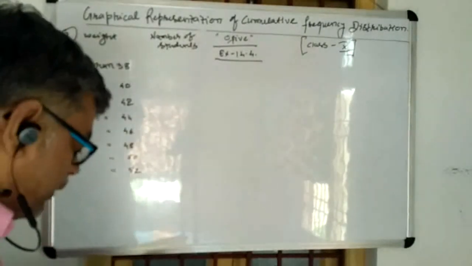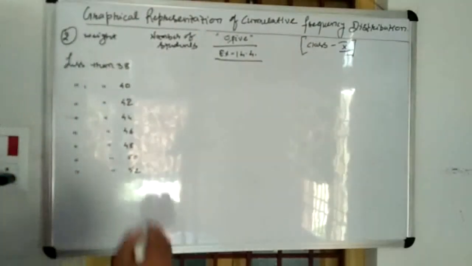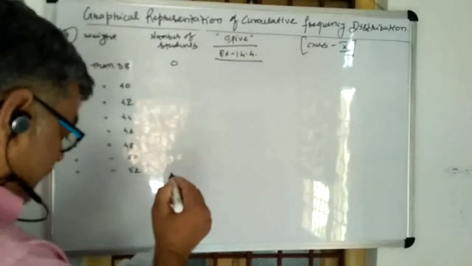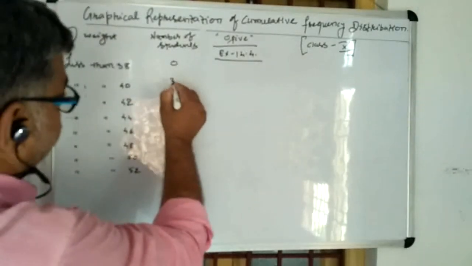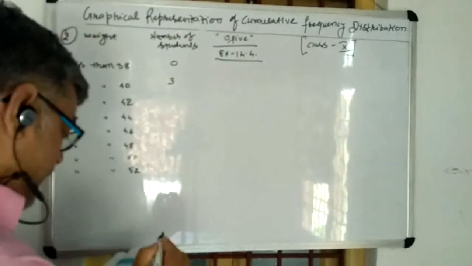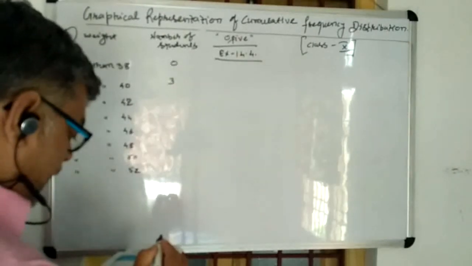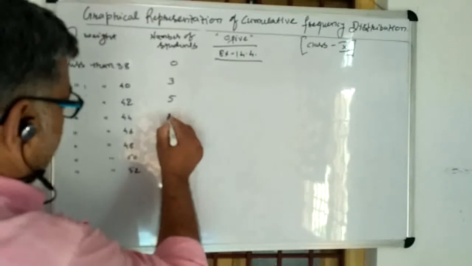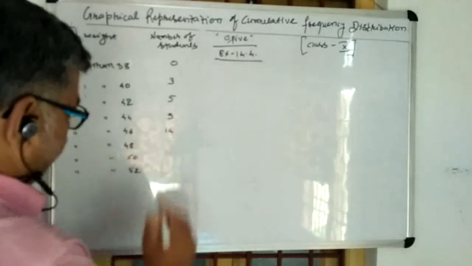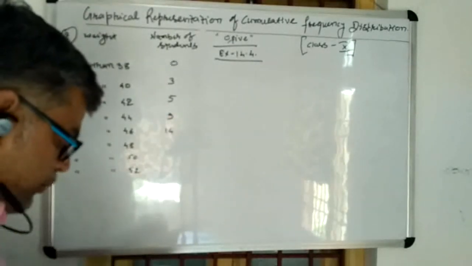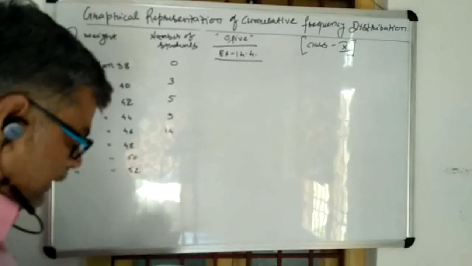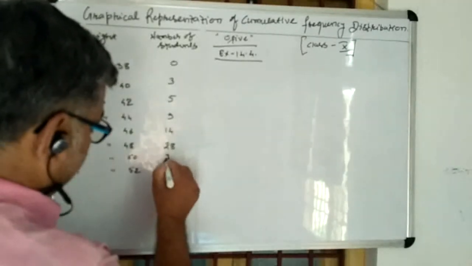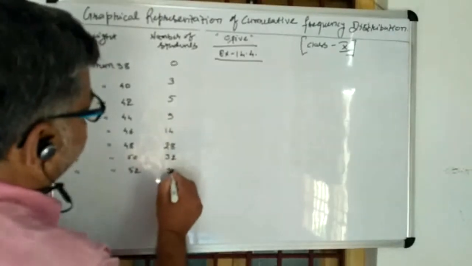Their corresponding number of students are: less than 38 is 0, less than 40 is 3, less than 42 is 5, then 9, 14, after 14 there is 28, 32, and 35.